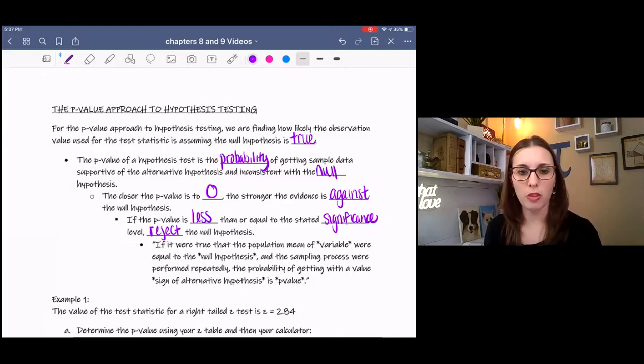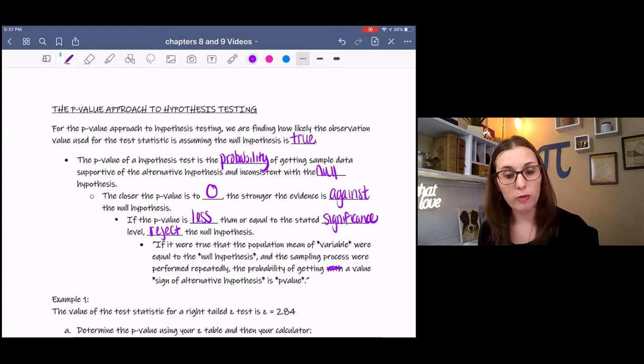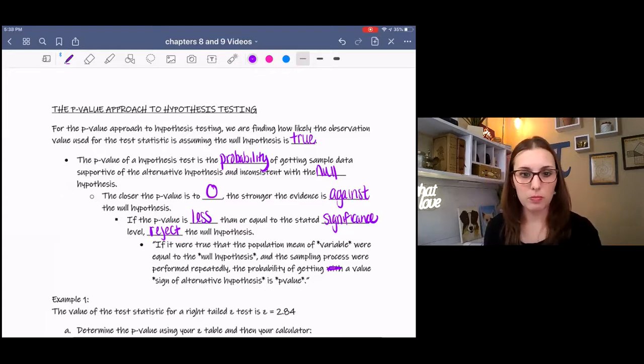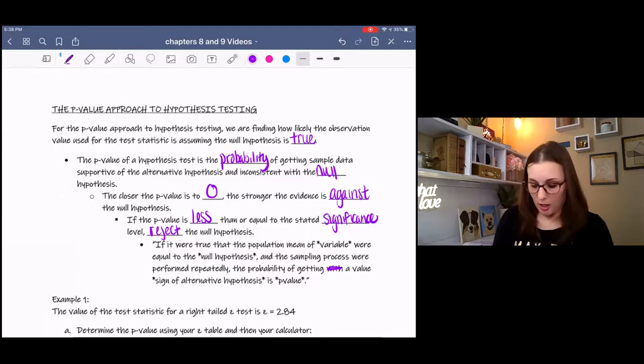If it were true that the population mean of the weight of a bag of chips were equal to, I think I said 0.5, and the sampling process were performed repeatedly, the probability of getting a value less than 0.5 is some number, 0.08 or something. So we're finding the probability of something happening.